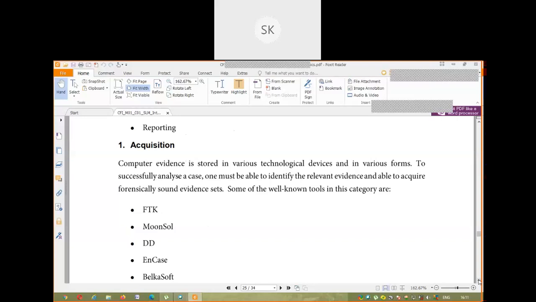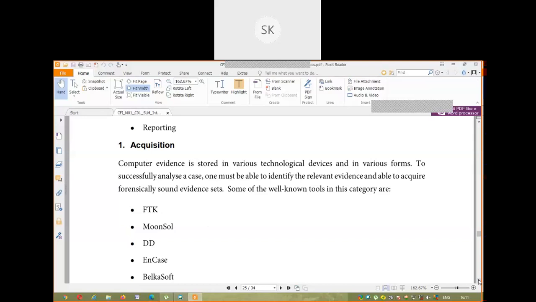Okay, for that we need some forensic tools. Here it is written, computer evidence is stored in various technical devices and in various forms. Obviously, it may be stored in a pen drive, or in a hard drive, or some other electronic device, maybe a DVD or something else, or it may be email.